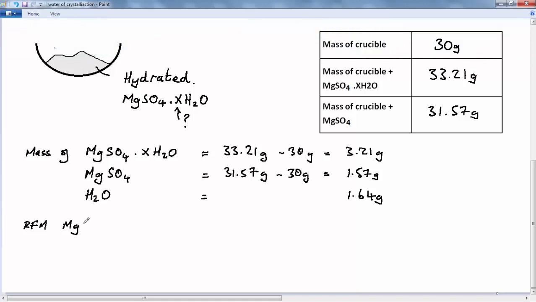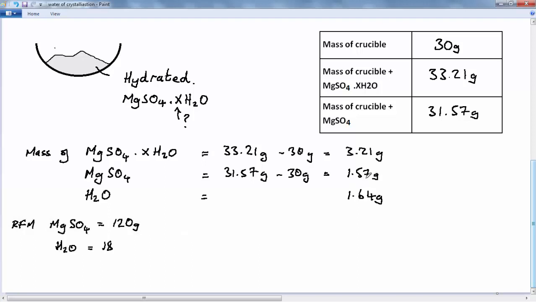So we'll take the relative formula mass for magnesium sulfate, using the periodic table, to be 120 grams, and the relative formula mass for water is equal to 18.